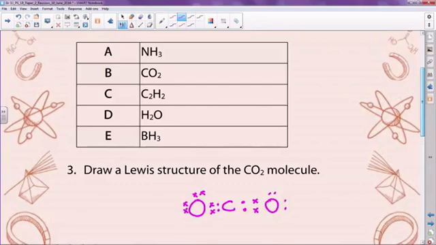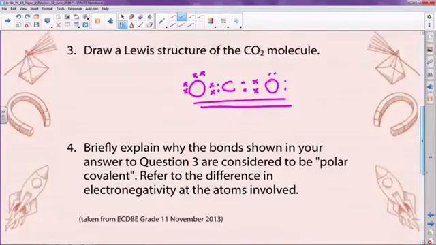So 1, 2, 3, 4, 5, 6, 7, 8. So there's 8 over there. And 1, 2, 3, 4, 5, 6, 7, 8. And I've got 8 over here. Okay. So I have got my 8 electrons on each side. And what does that give me? That gives me a nice linear shape, right?